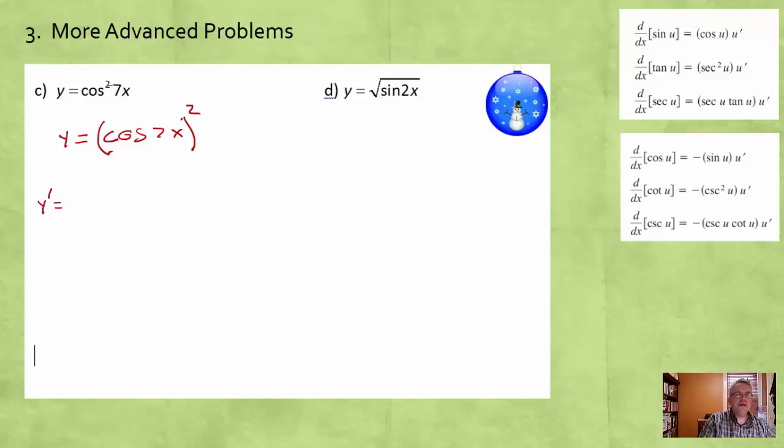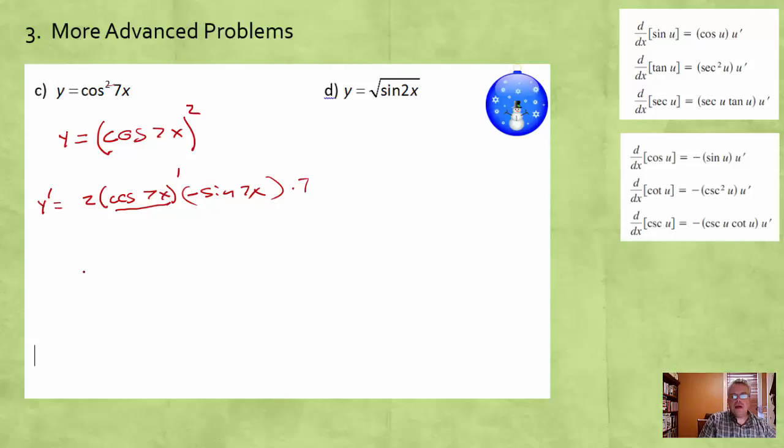Y prime equals 2 times cosine 7x to the 1 less power times the derivative of the inside. We know how to do this now. It would be minus sine 7x, so times minus sine 7x, times the derivative of the inside, times 7.